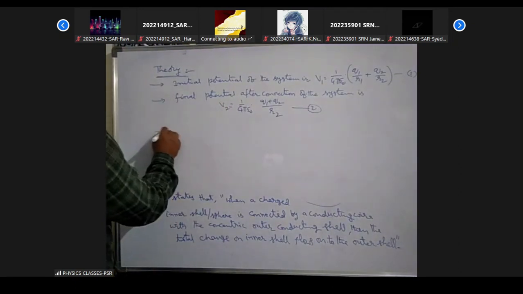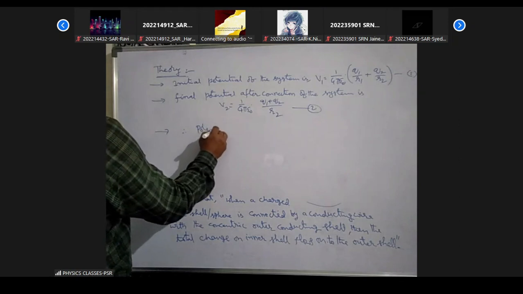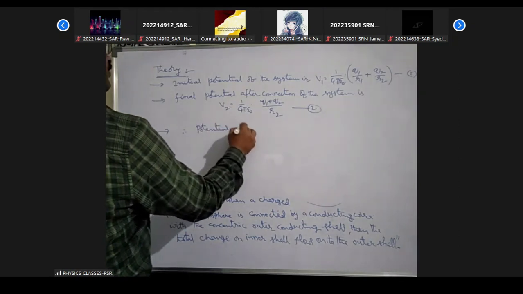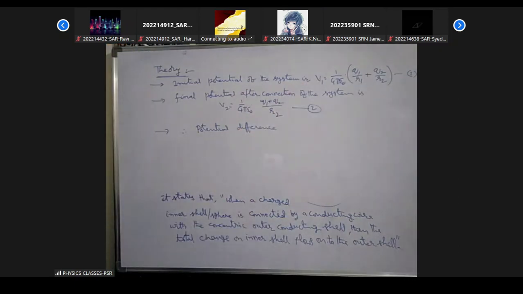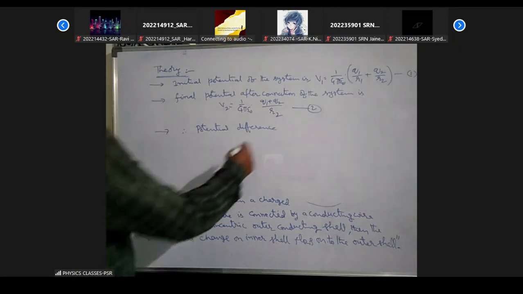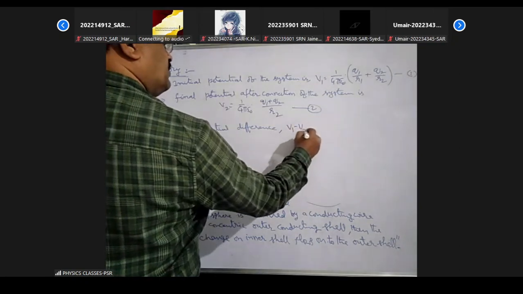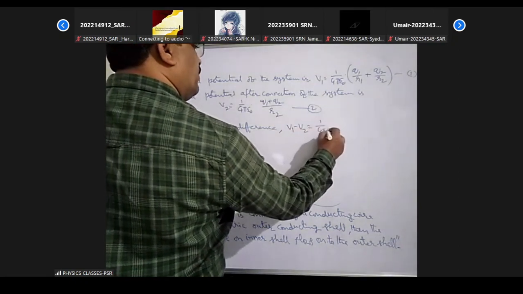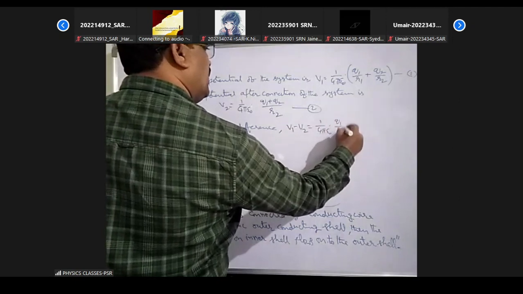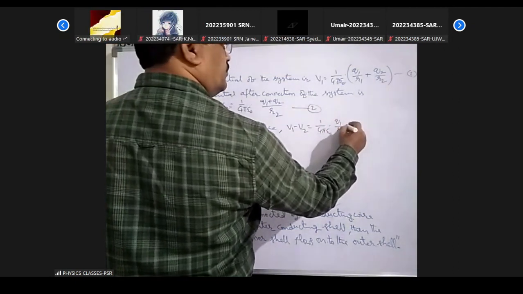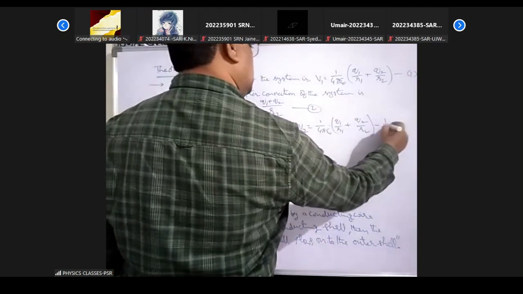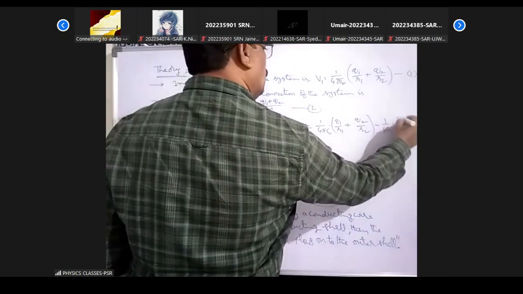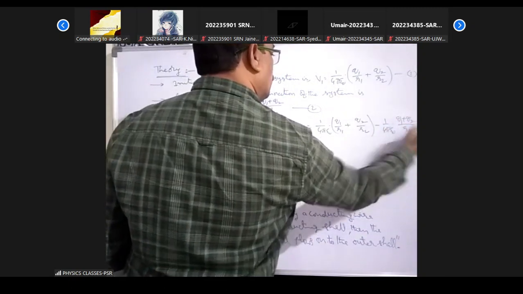Therefore, what is the potential difference between the initial and final states of the system? Potential difference V1 minus V2 is equal to 1 by 4 pi epsilon naught into Q1 by R1 plus Q2 by R2, minus 1 by 4 pi epsilon naught into Q1 plus Q2 by R2.